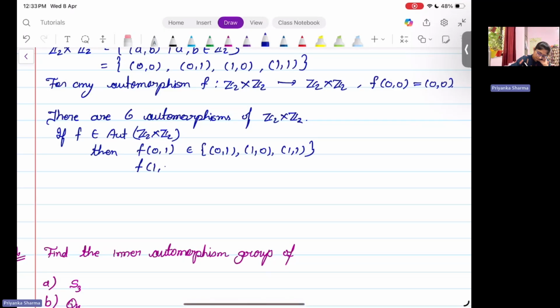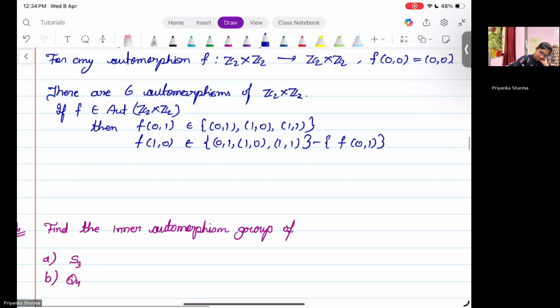F of 1, 0 can belong to 0, 1, 1, 0, 1, 1 minus F of 0, 1, because we need bijections only.